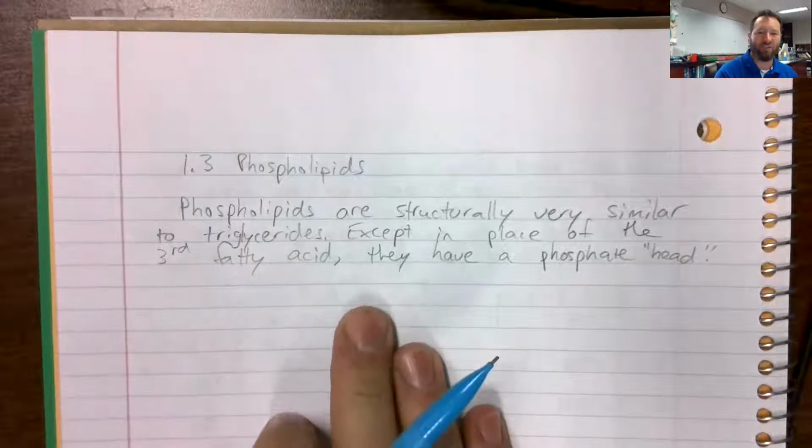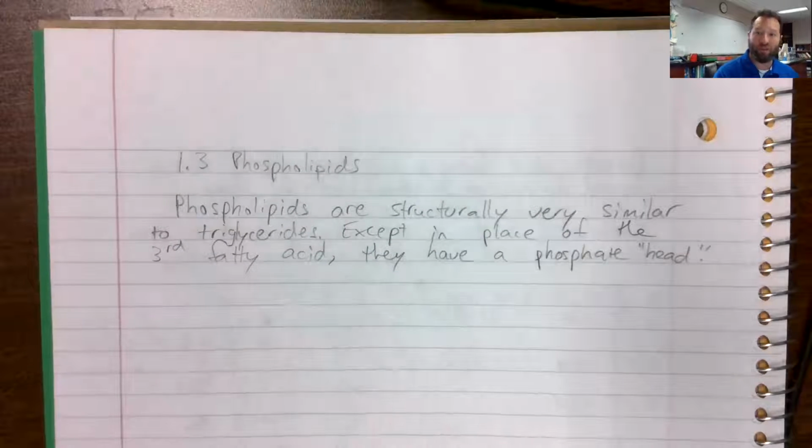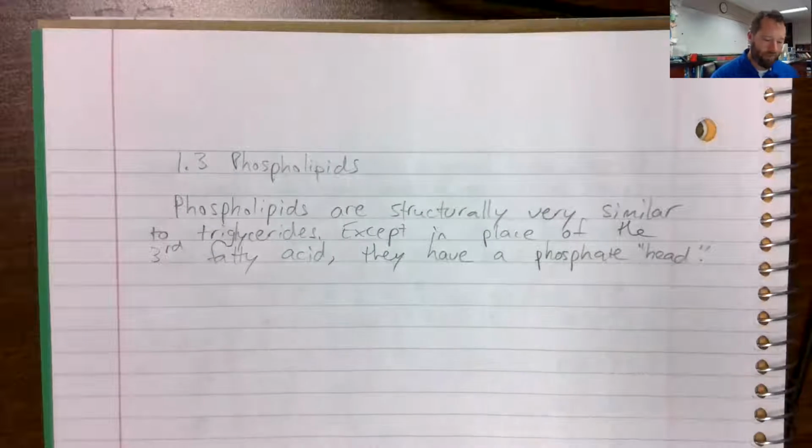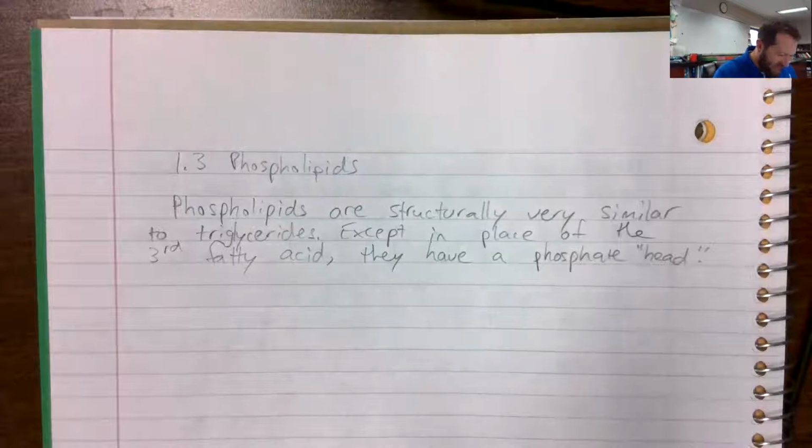So three fatty acid tails. In place of that third fatty acid, they're going to have what we call a phosphate head. Got head in parentheses there, it's kind of a nickname, the head.